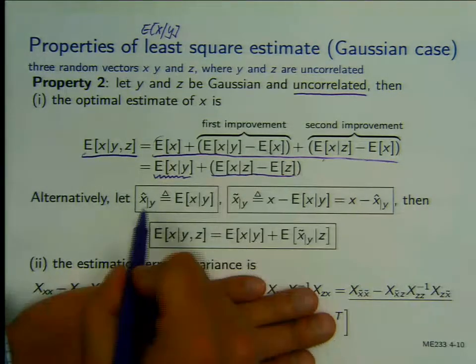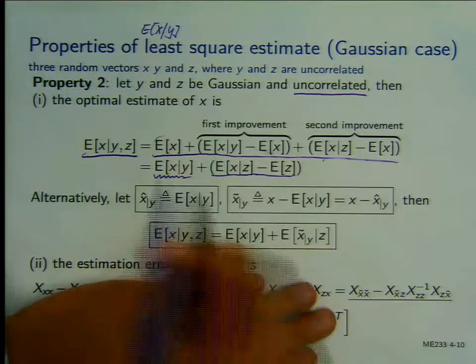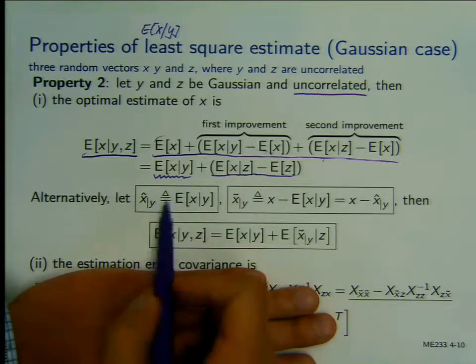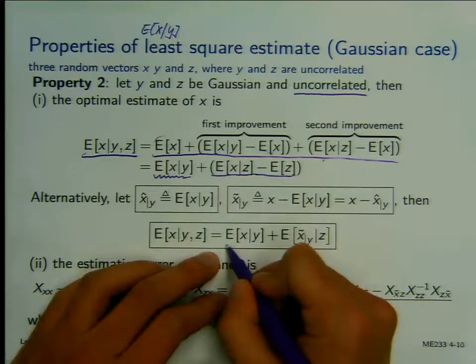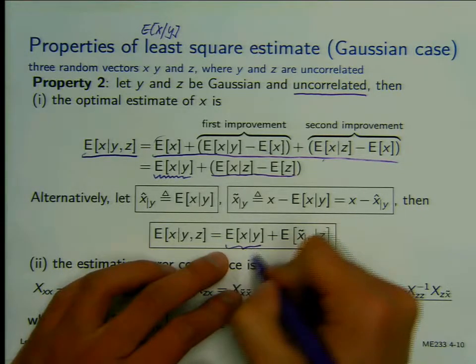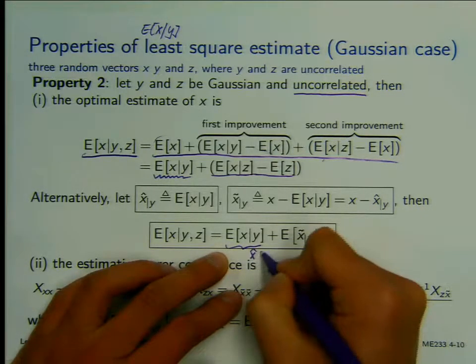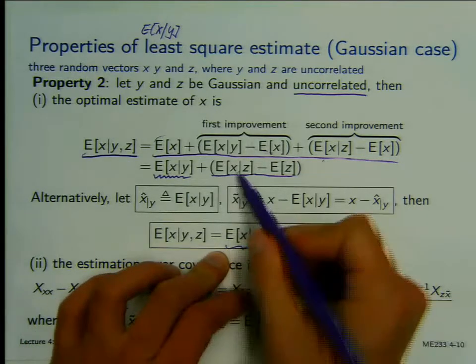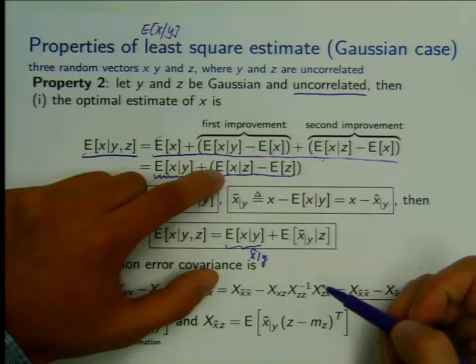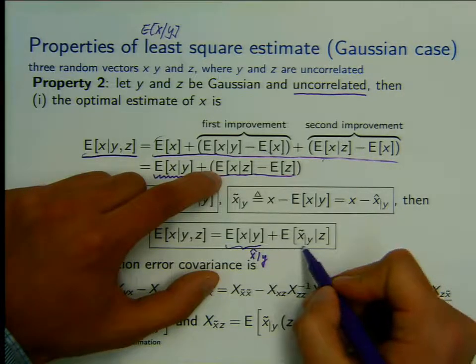So, after we introduce these, we can simplify the expression a little bit. We can write this guy as x hat given y. We can write this guy as expectation.